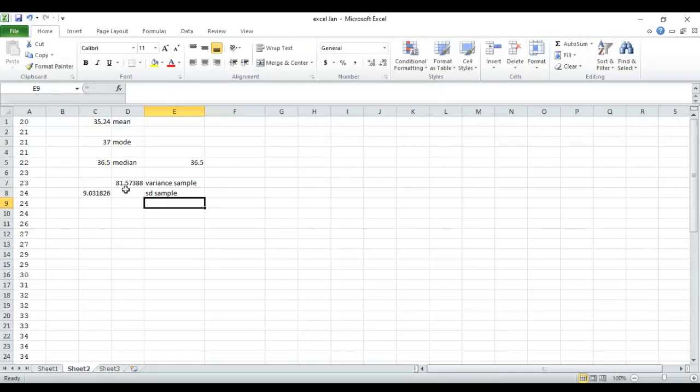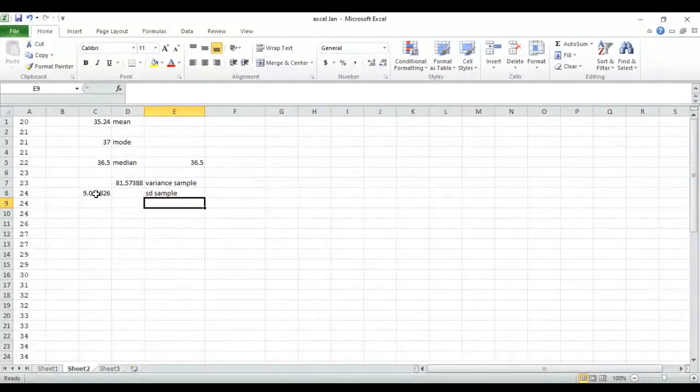So if you notice, if you square this number 9.03, that means multiply it by itself. 9 times 9 is 81. So the variance is the standard deviation squared, which means standard deviation times itself.